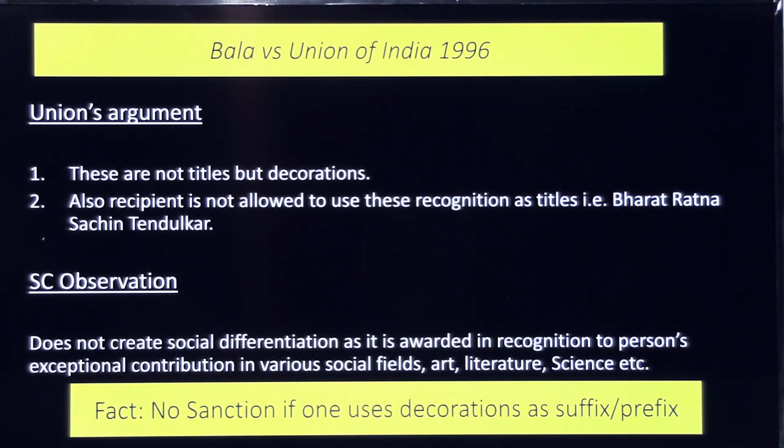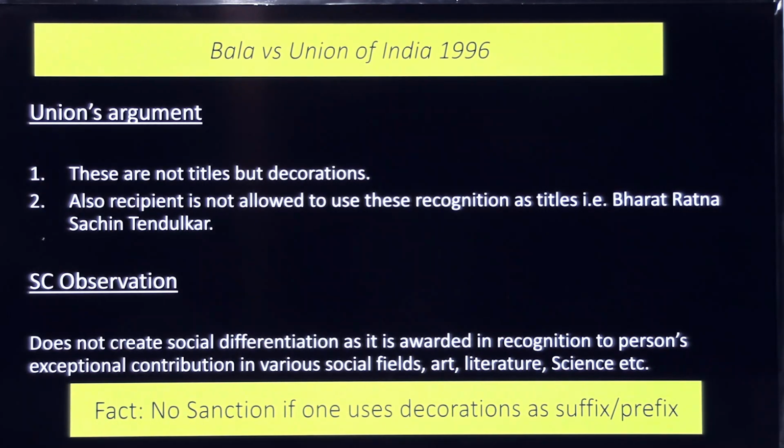These are just decorations. The second point the Union asserted is that recipients of these awards, be it Bharat Ratna, Padma Shri, Padma Bhushan or Vibhushan, cannot use them as titles. You would never have seen Sachin Tendulkar, or for that matter anyone, using the Bharat Ratna or Padma Shri award they have received as a title. That was the Union's argument.